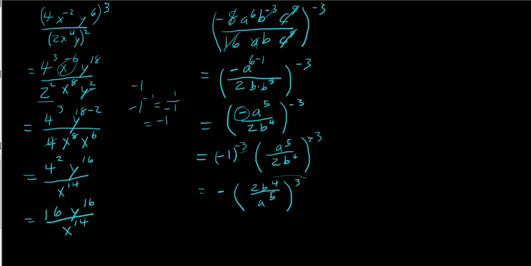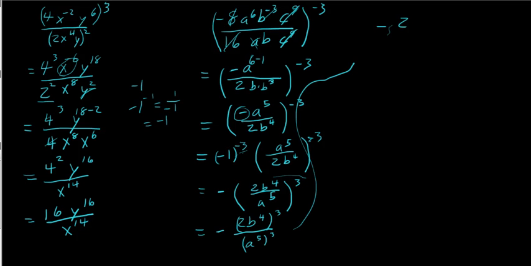So then we need to distribute the third power here. So we're going to keep our negative sign. We don't want to lose that. We're going to have 2b to the 4th to the third power over a to the 5th to the third power. So then we're going to distribute that inside of there.